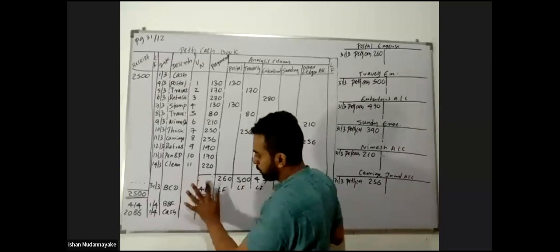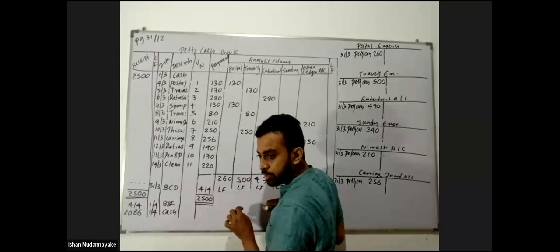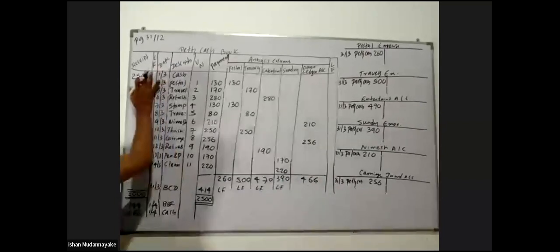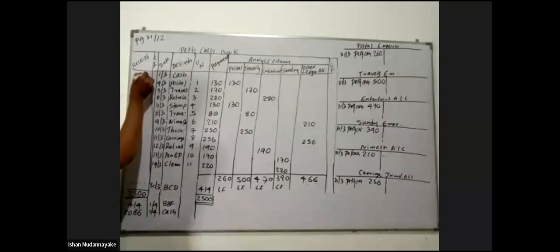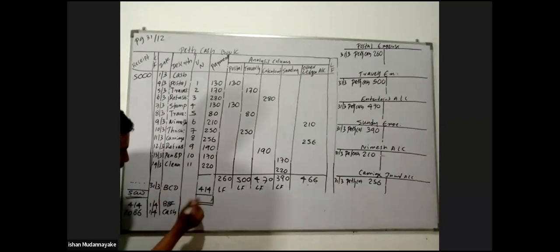How much? When we subtract 4,172, it should be 5,000. Okay, then transfer 5,000 here, then 5,000 to this side.